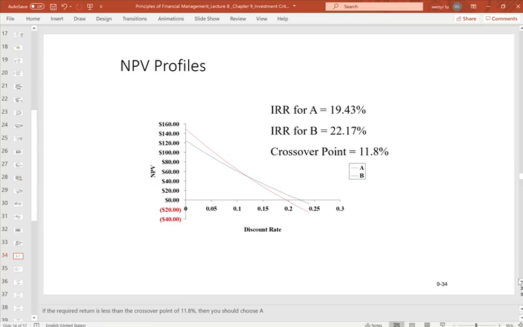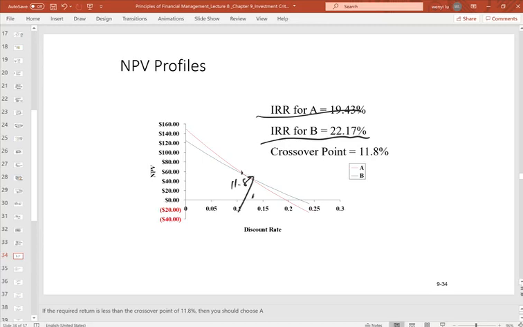And we can also use Excel to plot the projects. Project A's IRR is 19.43%. The IRR for B is 22.17%. The crossover point, based on the difference in NPV, is equal to 11.8%.